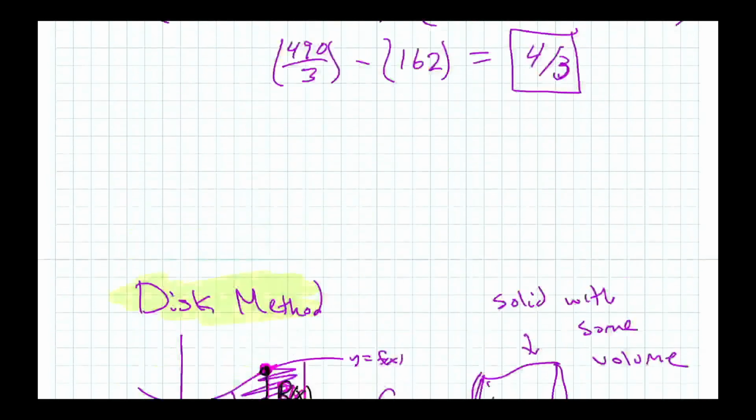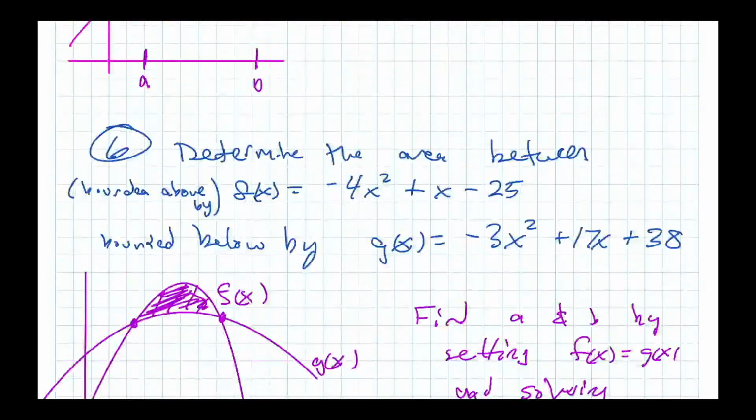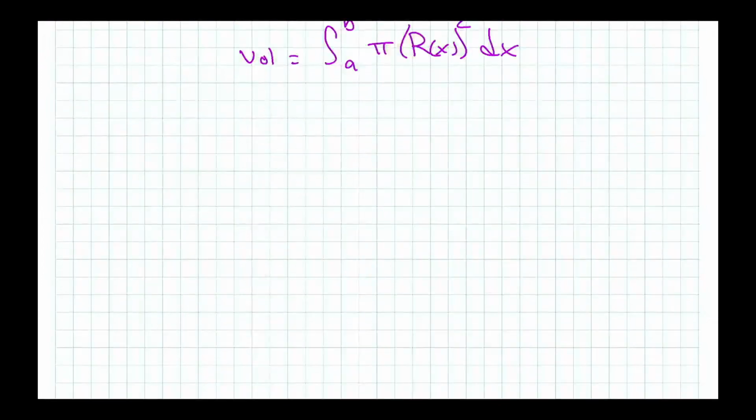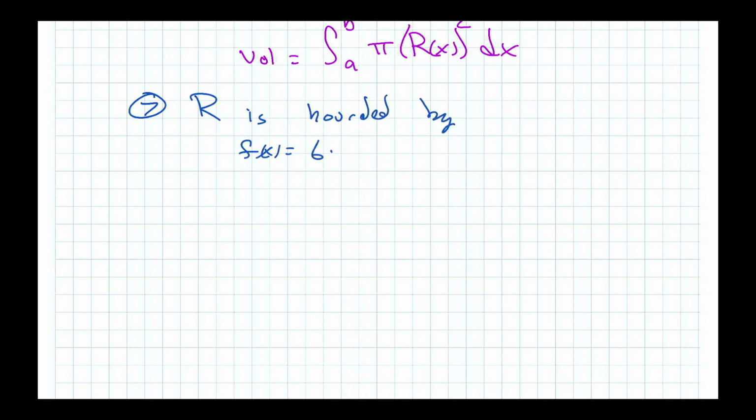All right, what is our question? So our question is, what number is our question? 7, yes, 7. So they say R is bounded by f of x equals 6 square root 7 cosine x.